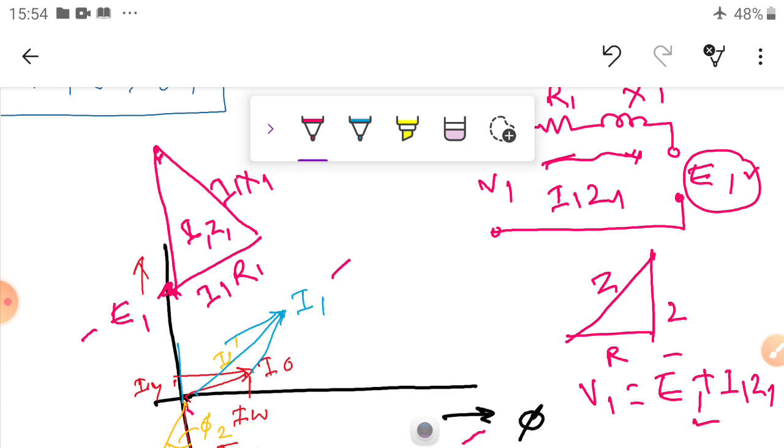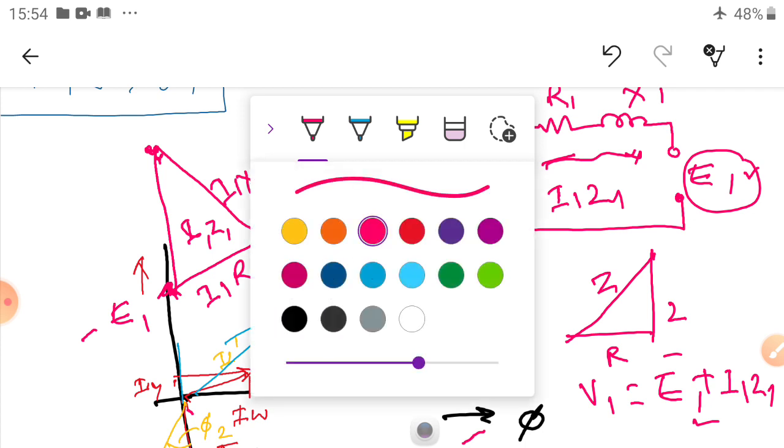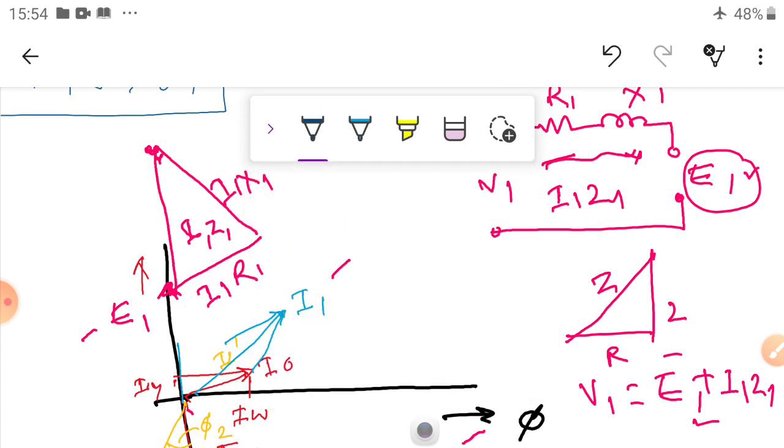Okay, so this value I will represent in another color, a dark color. From this I am going to write this equation. So that is equal to V1. Okay, so what is the value here? Up to this is equal to this value, and up to this value is equal to I1 Z1.